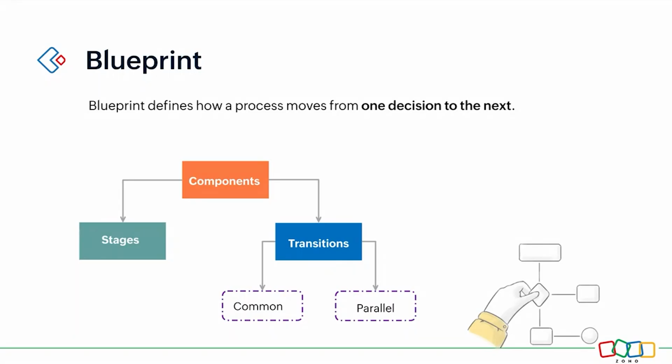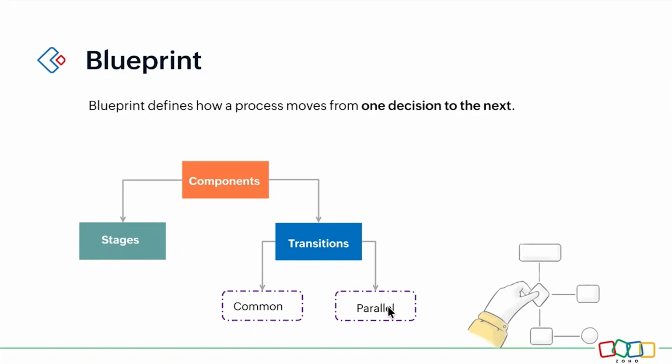With the common transition, if you want to perform a particular transition action across different stages, you can make use of it. And then we have the parallel transition. In certain places, we need to perform two different actions in parallel for the blueprint to move from one stage to another, and those are the places where we can make use of the parallel transition.